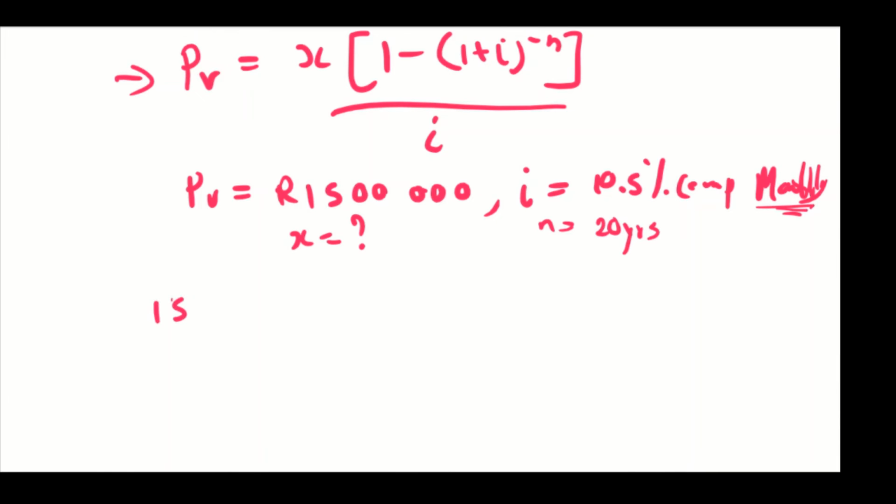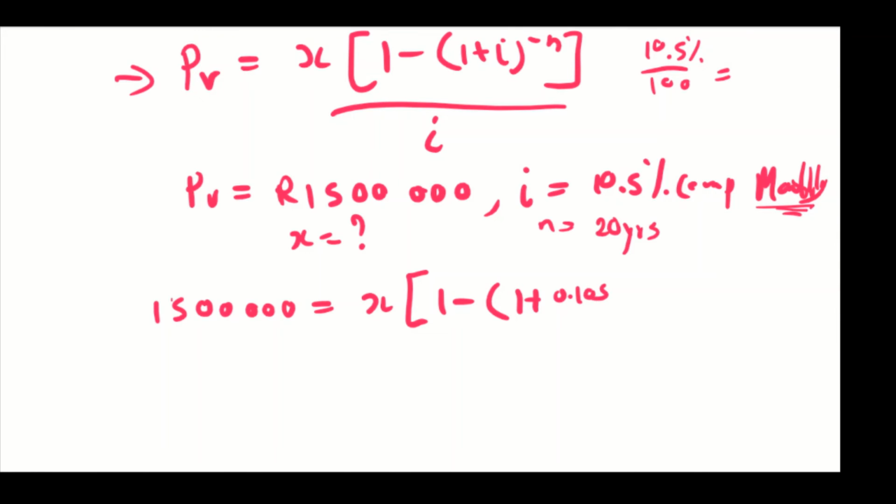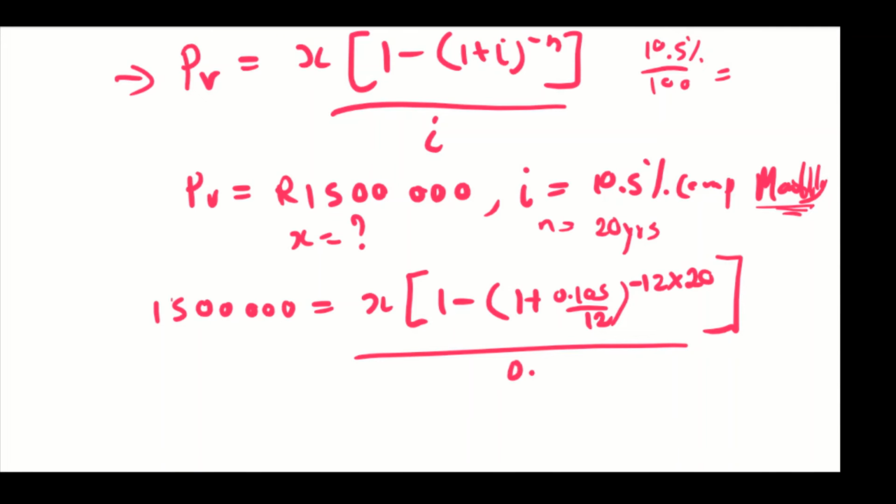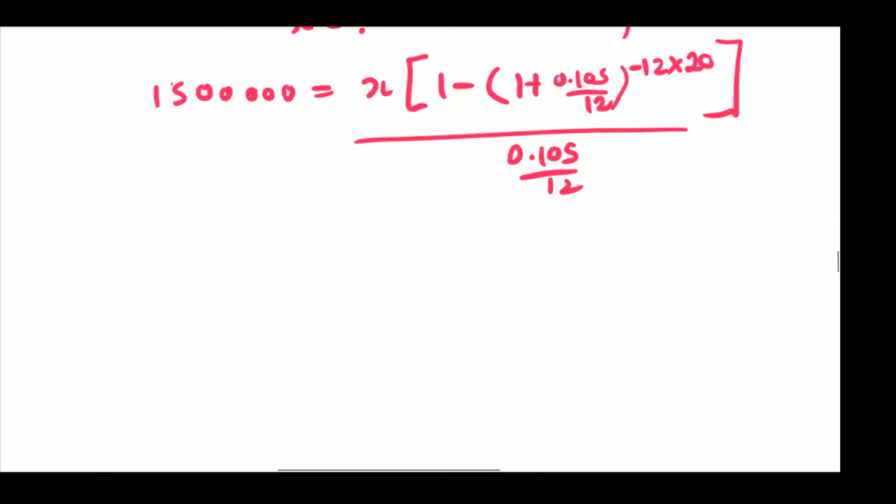We have 1,500,000 is equal to x into 1 minus 1 plus. We're going to divide this 10.5 by 100, right? You will have 0.105 over 12 because it's compounded monthly, to the power of minus 12 times 20 years, divided by 0.105 over 12. So we want x. What we will do is cross multiply here.